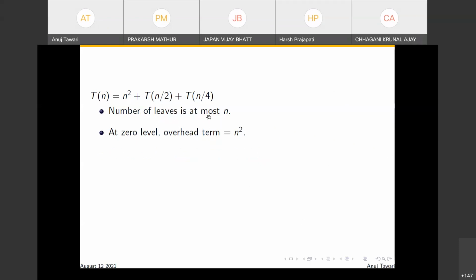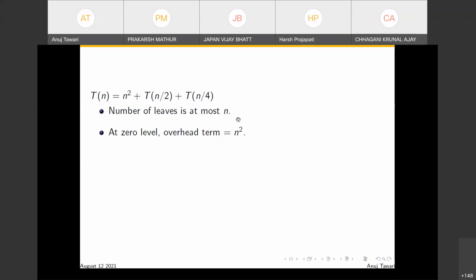We claim that the number of leaves is at most n. Then you look at the smaller terms, Tn by 2 and Tn by 4. Here you assume that the number of leaves is at most n by 2, and here at most n by 4. So the total number of leaves will be n by 2 plus n by 4, which is 3n by 4, so the number of leaves is at most n.